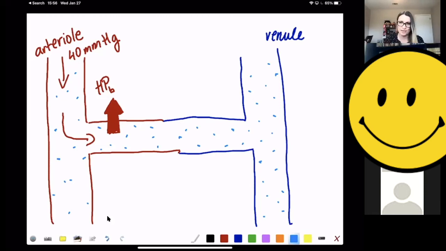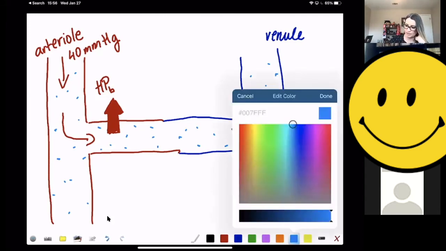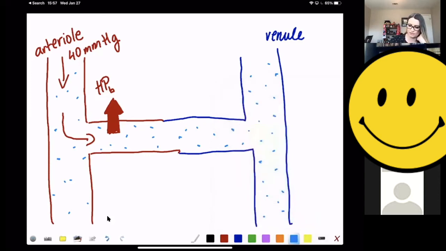They're transporting things through blood, but they don't really want to exit the blood. And so plasma proteins remain in the blood. They are not going to be part of the fluid that's being filtered out at this arteriole end due to that hydrostatic pressure.